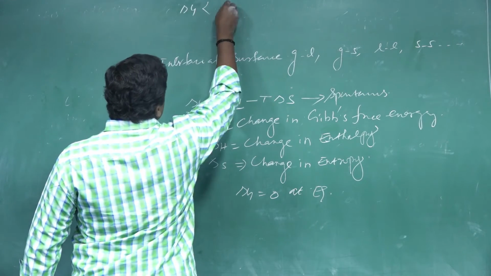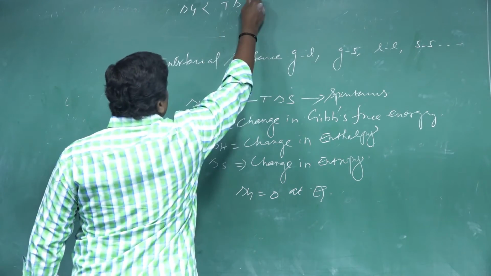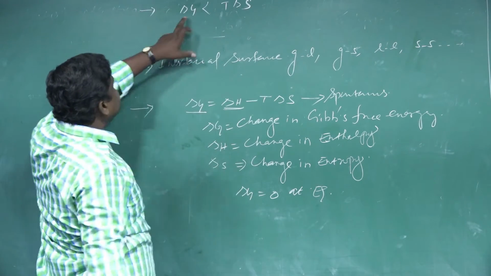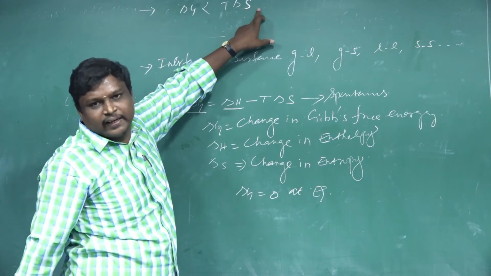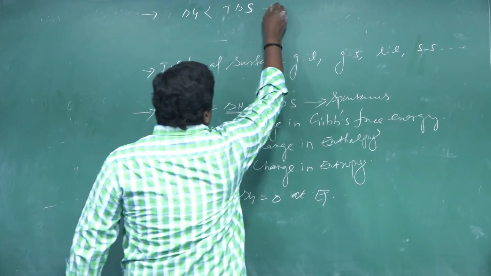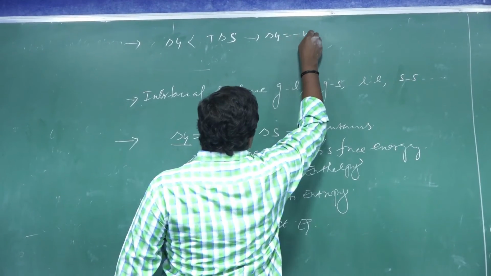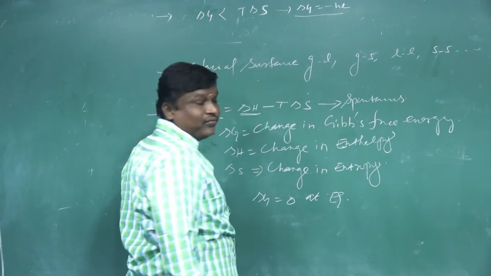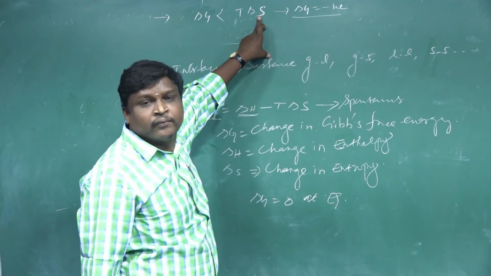Next one, del G is less than T del S. Suppose del G value decreases, that is negative, with increase in entropy.